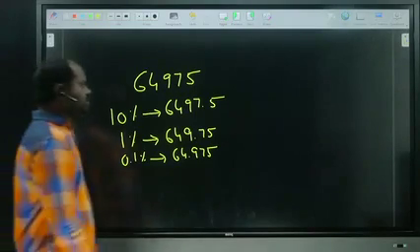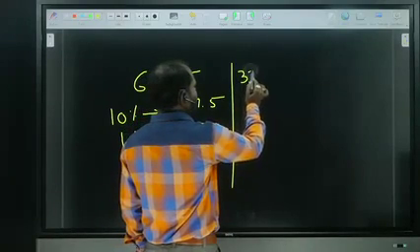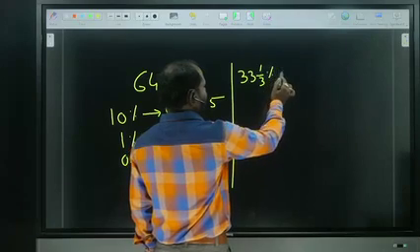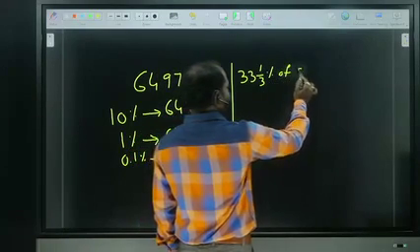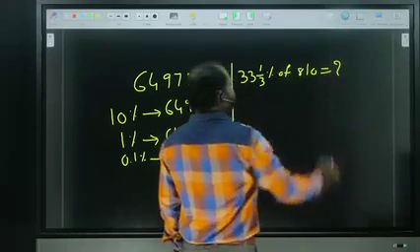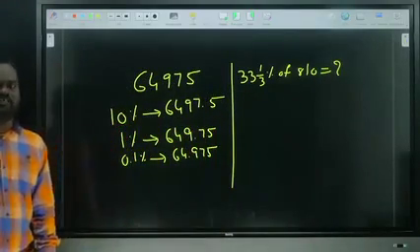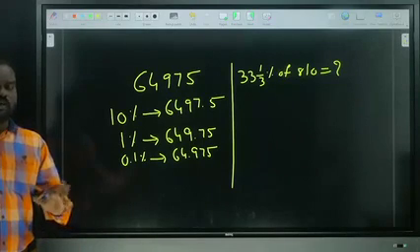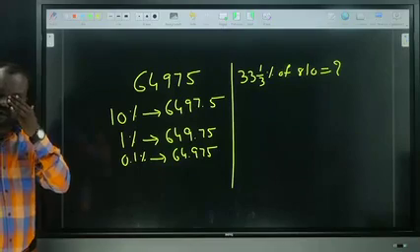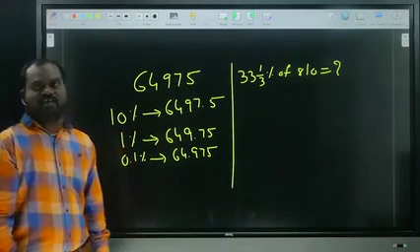For example, the question is: 33 1/3% of 8 to 10 is how much? Just now we learned the fractions, so recollect. 33 1/3% is nothing but which fraction value? 1/3.